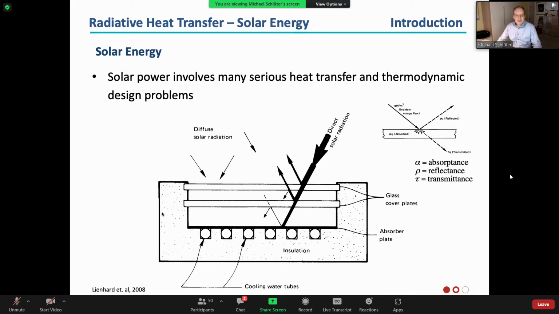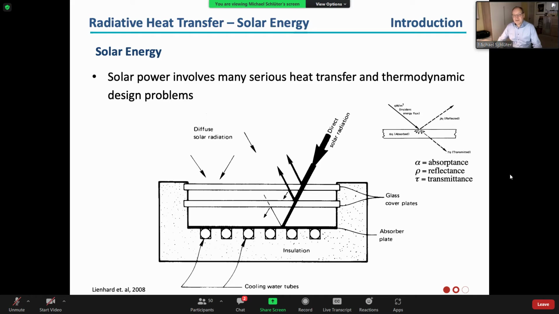So now we know about these important parameters. We know about the absorbance, alpha, we know about the reflectance, rho, and we know about the transmittance, tau. So what is necessary now, if the sunlight, diffusive or direct, hits our solar collector, of course what we want is that most energy is transmitted into the collector.